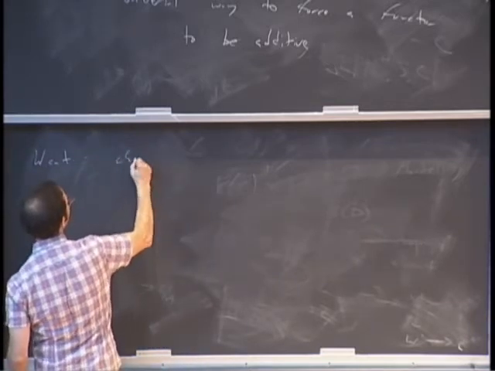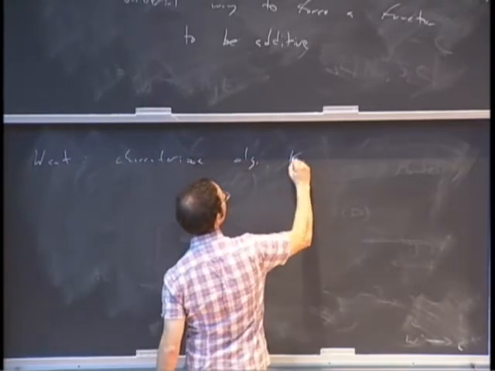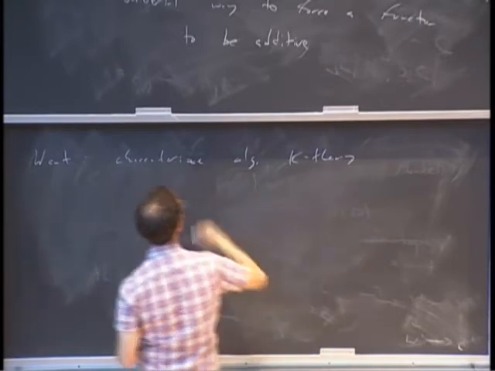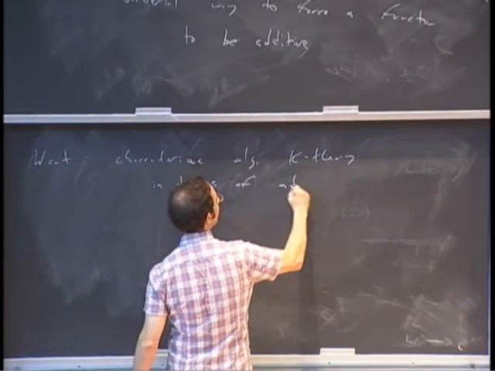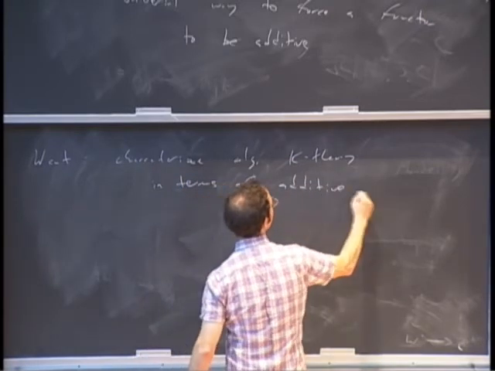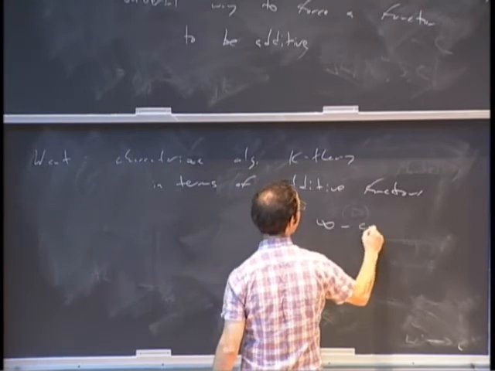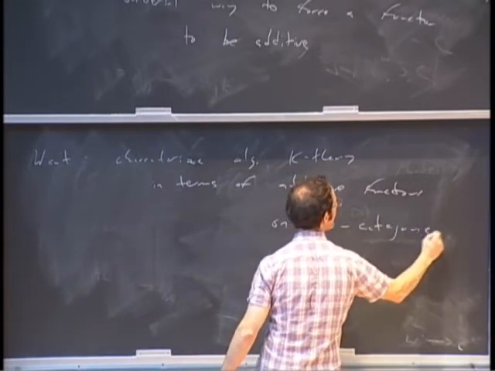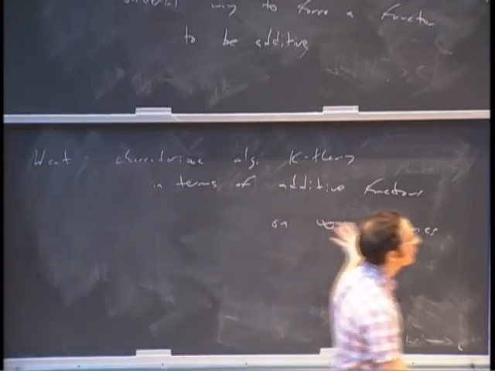We're going to characterize algebraic K-theory in terms of what I'll call additive functors on certain infinity categories. And I'll pause for a second and explain why we do it this way.